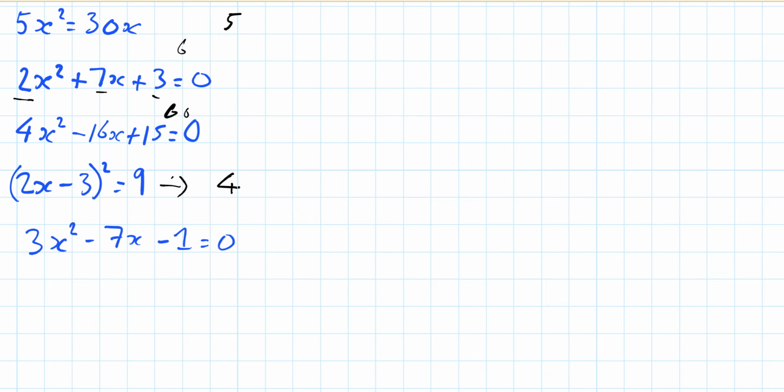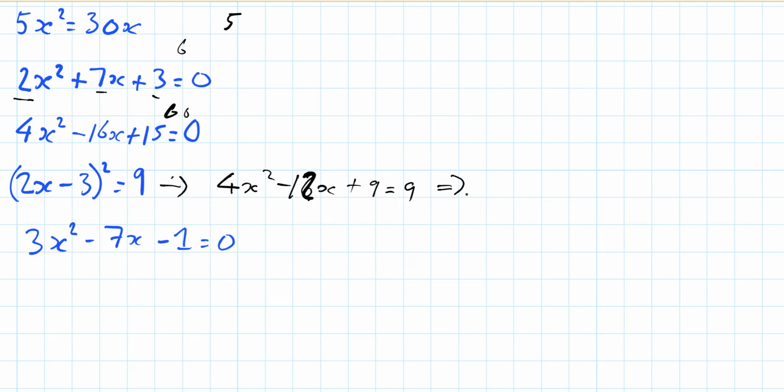So I'm going to have 4x squared minus 6x plus 9 equals 9. I hope I've done that correct. 4x squared, 2x, 3, 6. So this should be 12x plus 9. And then rearrange that.